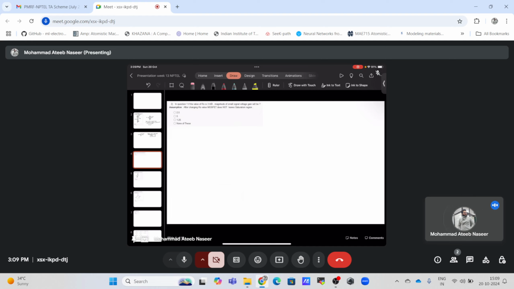Now it says we have to change something. In question 1, if the value of RS is 3 kilo ohm, what will the magnitude of small signal gain be, given that after changing RS the MOSFET does not leave saturation? These are the conditions provided to us.